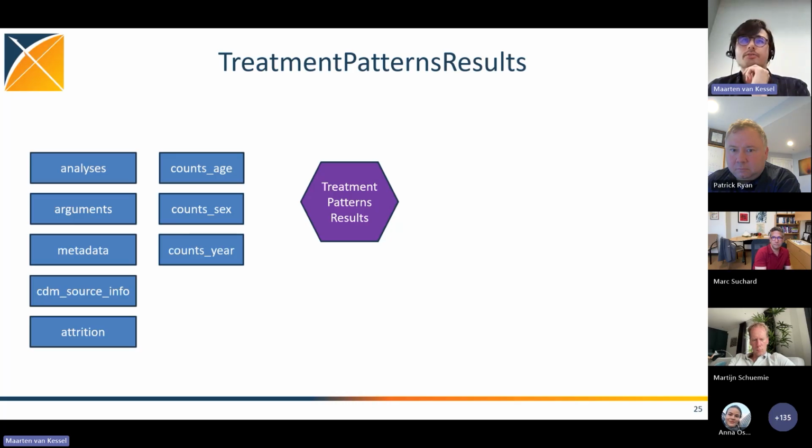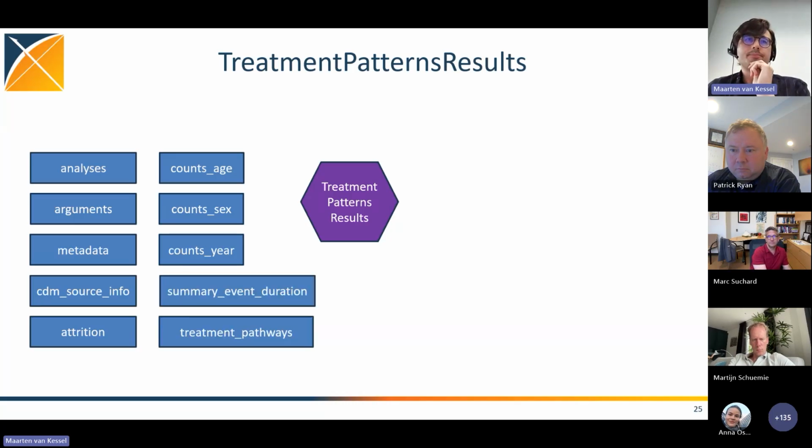Also some counts per age, sex, and index year, and the two main results, which are the summary event duration and the treatment pathways, which houses the actual pathways. The summary event duration houses some duration information about the individual treatments, either combination treatments or individual treatments of each step in the pathway.